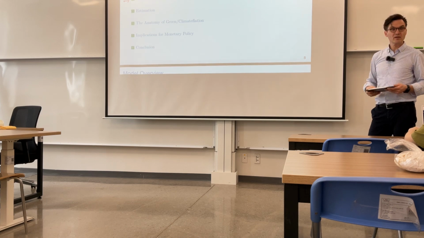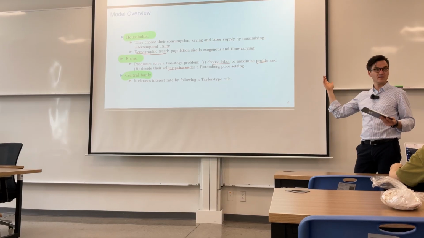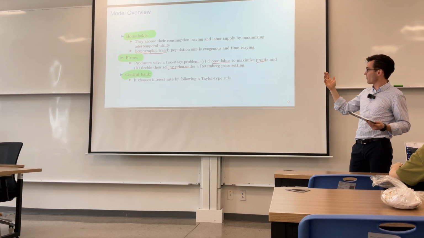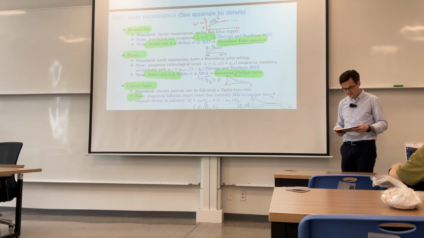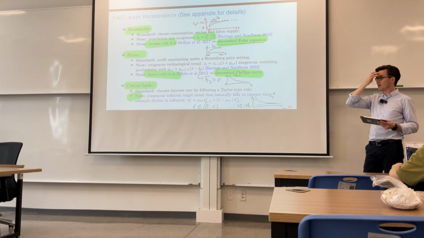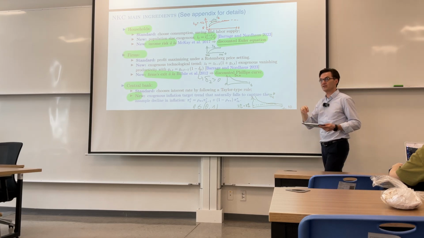We then started setting up this New Keynesian climate model by discussing that there are three types of entities: households, firms, and a central bank. And then we discussed that there are various differences to the standard New Keynesian model that we have been discussing in our classes so far.